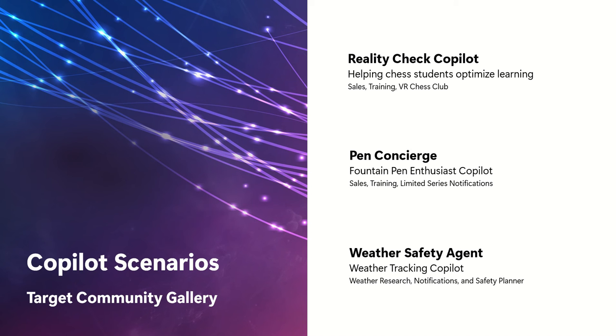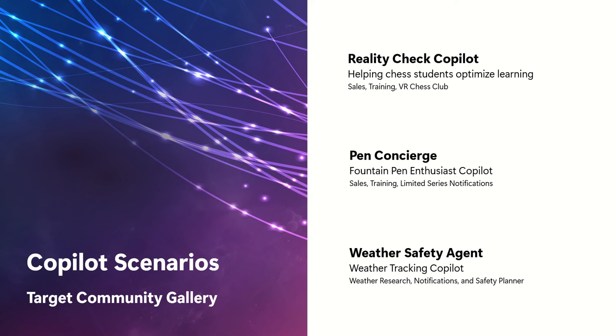And so the real point of the weather safety agent is to do weather research, to get notifications on urgent or priority weather, and then to plan safety. So that's going to be a fun one to do. My goal for that one is to end up with a mobile co-pilot. So these are the three that are coming to the gallery, and today we're going to start with Reality Check.